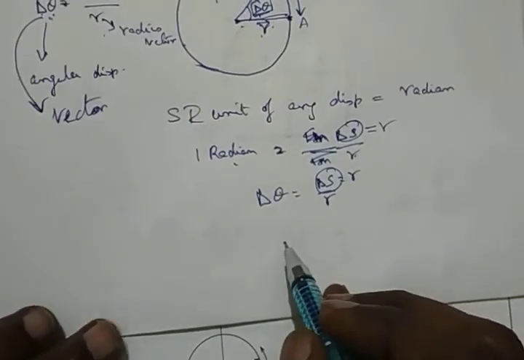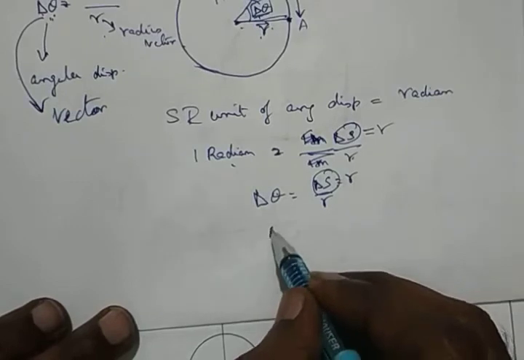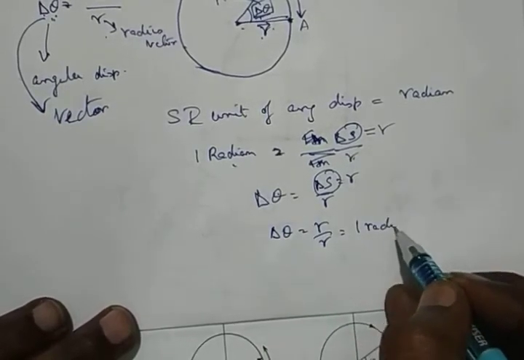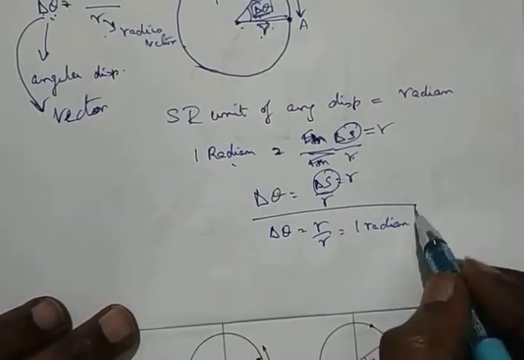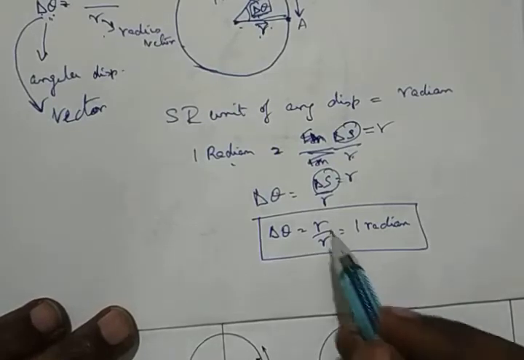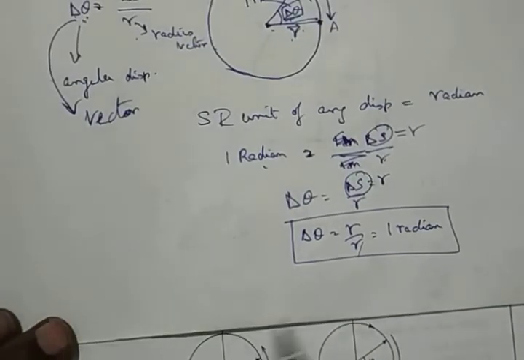So what do we write here? Delta theta is equal to r upon r is equal to 1 radian. Please write down this. Delta theta is equal to r upon r is equal to 1 radian. Because it cancels out, it becomes 1 radian.